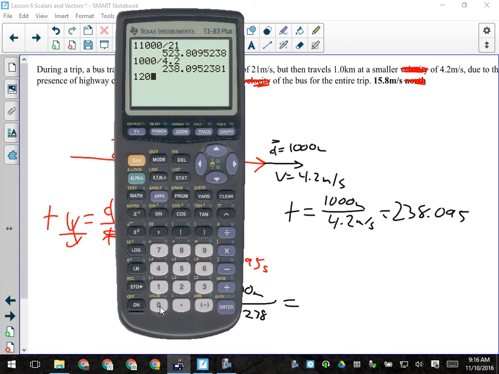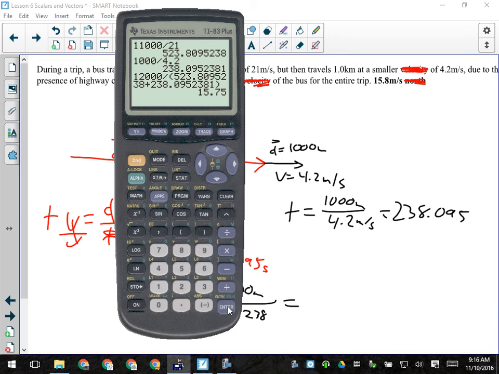So 12,000 divided by, in brackets, 523.8095238 plus 238.0952381. All right, so that tells me that it's 15.75 meters per second. Everybody follow what I did there?